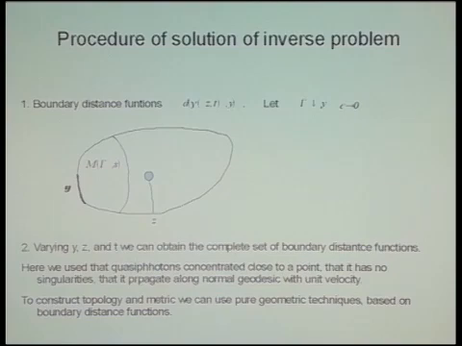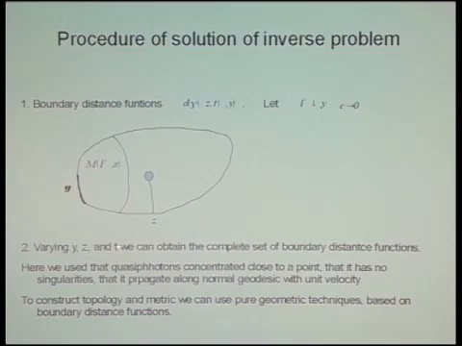Now how is it possible to use this solution? Assume that we take the sources f such that the corresponding solution will be a quasi-photon. It's possible to do; there is an explicit formula. Then what can we compute? We can compute this inner product, this one. I drew a picture here.